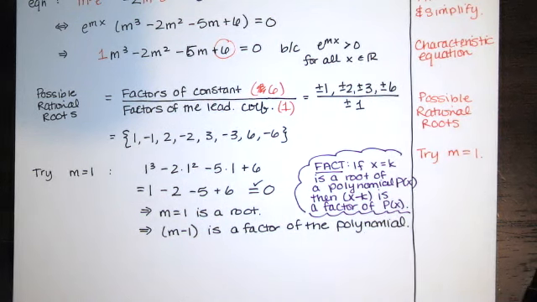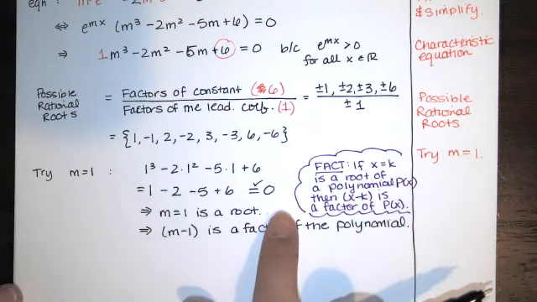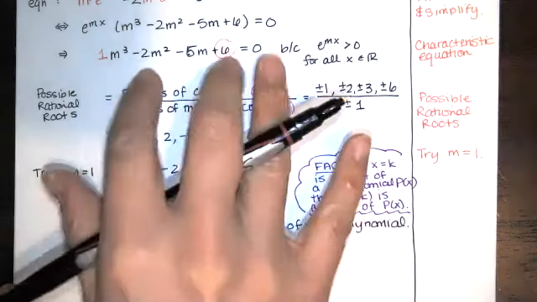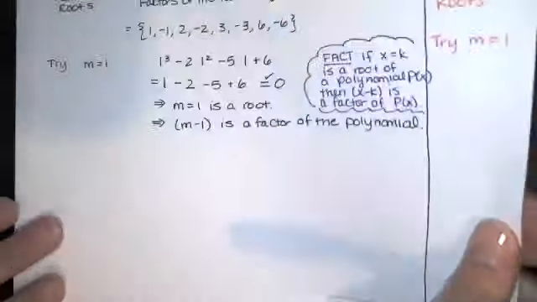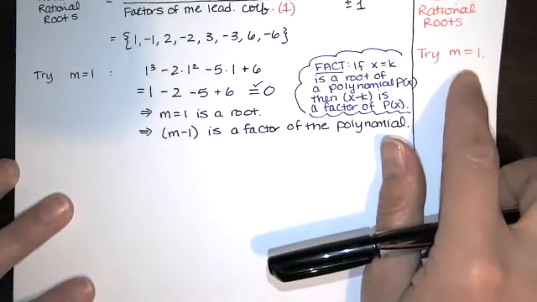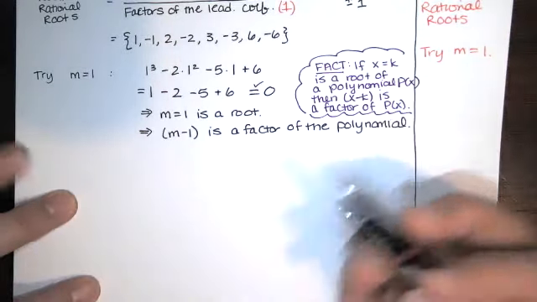So that's what we do next. Once you find a root, a value of m that gives you a 0, you divide that factor out so that you can factor the polynomial. Now, if m equals 1 didn't work and we got something non-zero, we just go back to the list and try again.